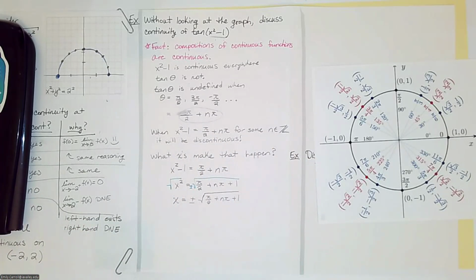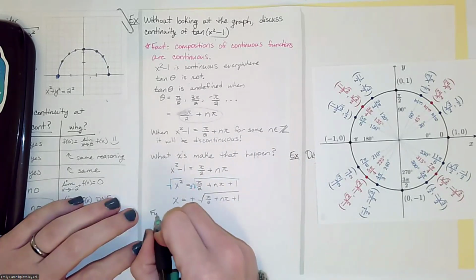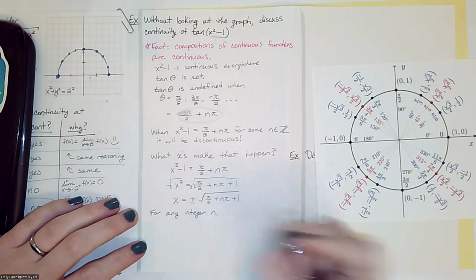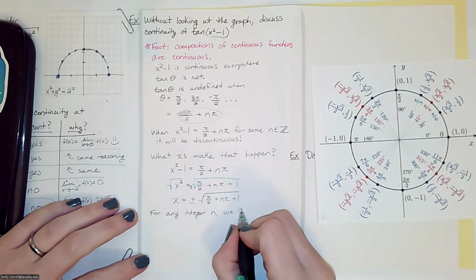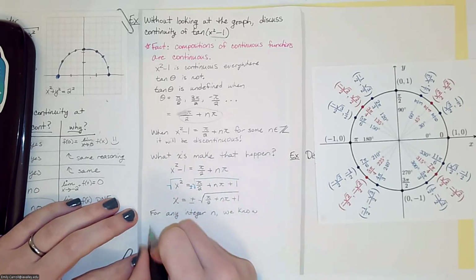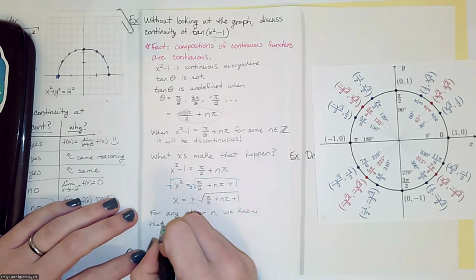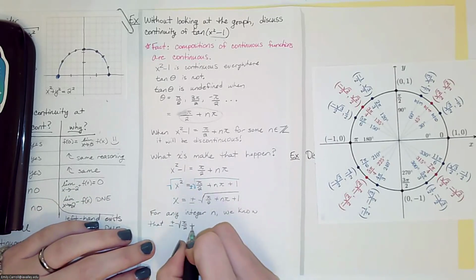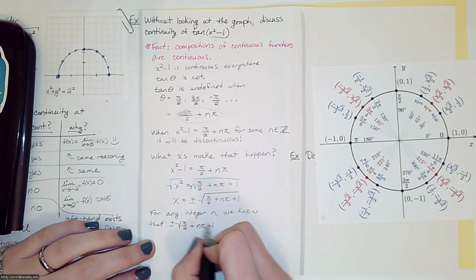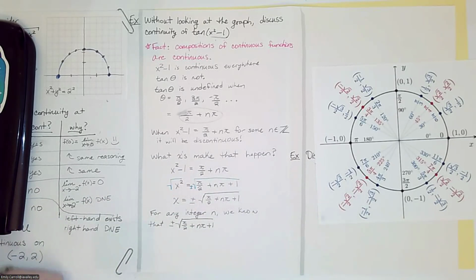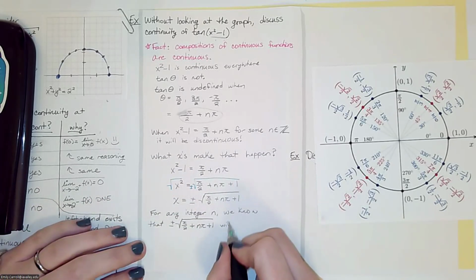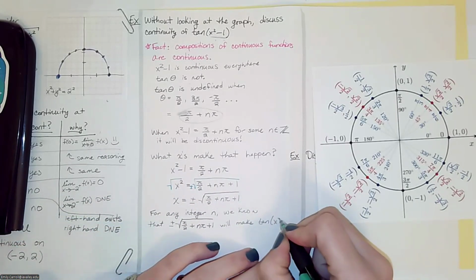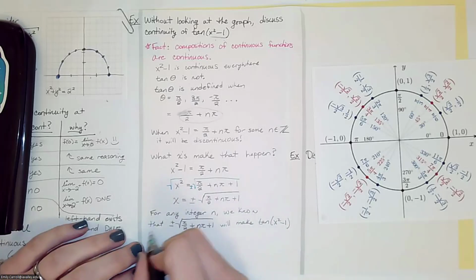So for any integer n, we know that plus or minus the square root of pi over 2 plus n pi plus 1 will make tangent of x squared minus 1 blow up.